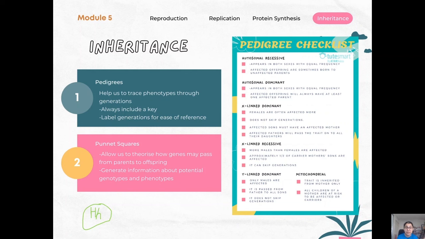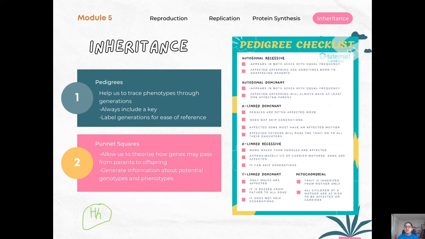Then X-linked dominant. X-linked dominant means that it's on the X chromosome, and because it's on the X chromosome, we can generally see that females will be more often affected. Because it is dominant, it's not going to skip a generation. You're going to see it in every generation. Affected sons must have an affected mother.